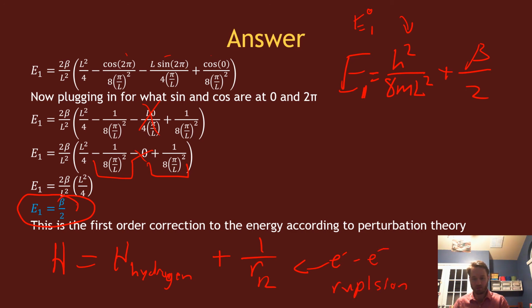I can consider this as the perturbation, so this is my V and this is my H naught. And then I can use that to try to get corrections to the true energy for my system, where I can use my reference, say like the hydrogen Hamiltonian.